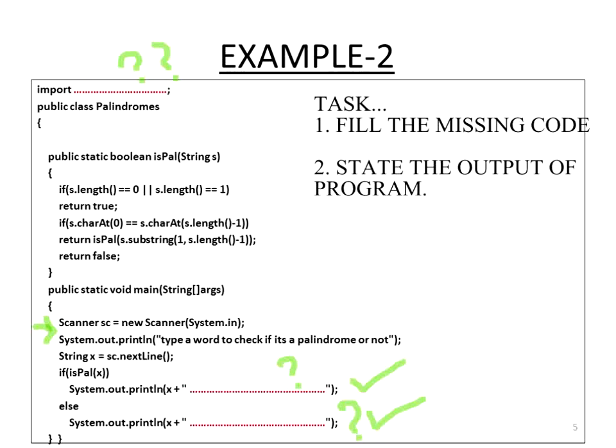The last one will be a negative sentence. That means when x is equal to false, it will return a negative sentence, like the given string or the given word is not a palindrome.